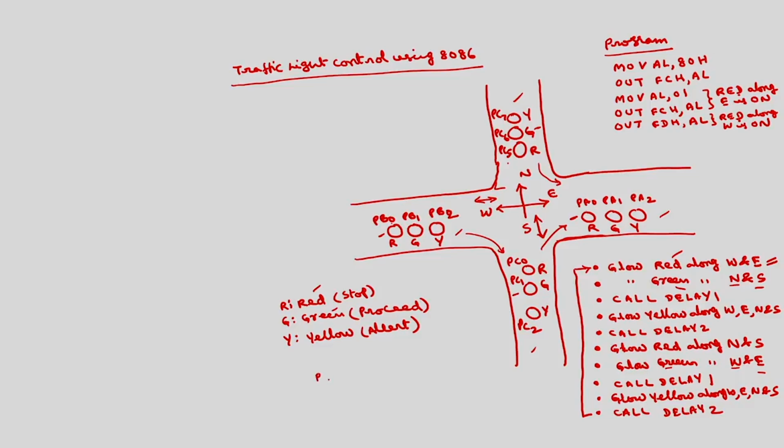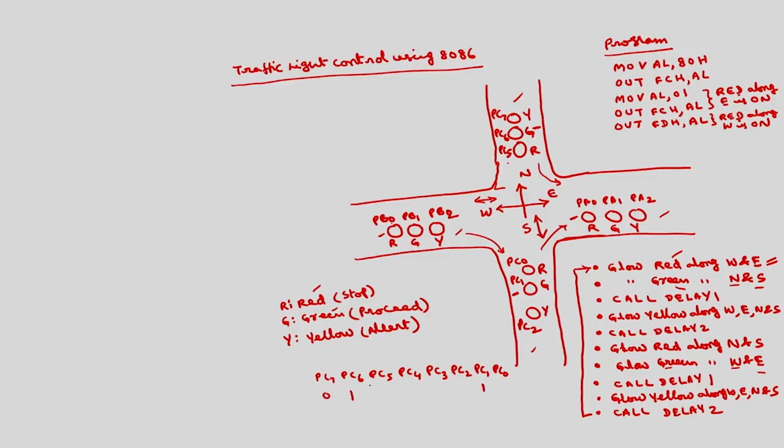Considering PC7, PC6, PC5, PC4, PC3, PC2, PC1, PC0, among these, green is connected to PC1 and PC6.